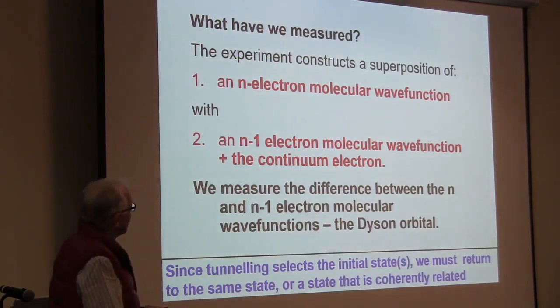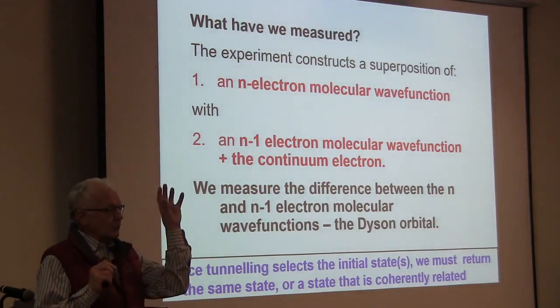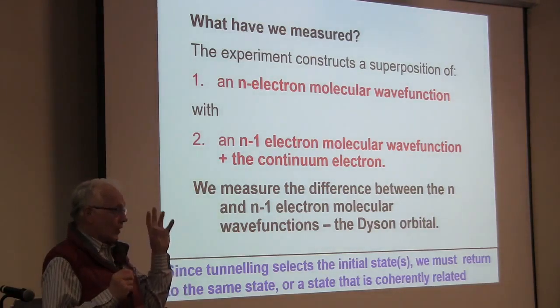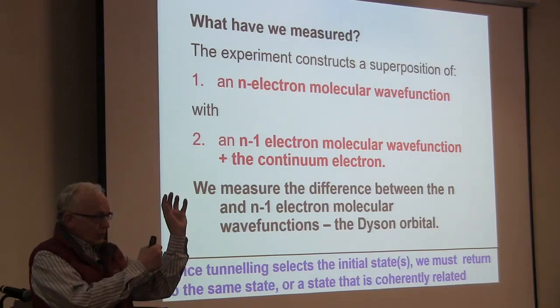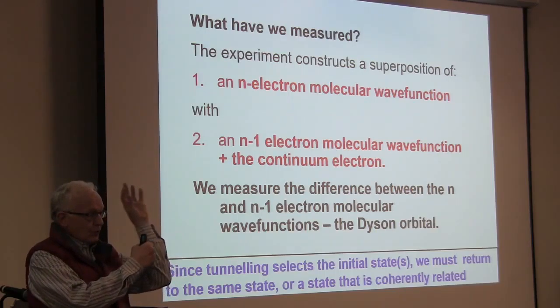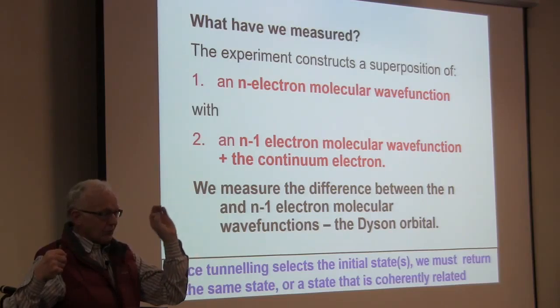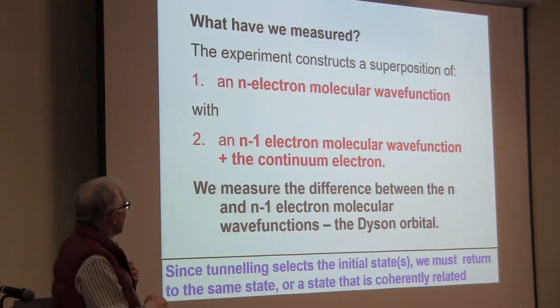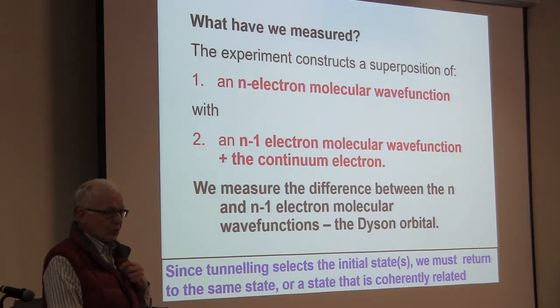The experiment makes, of course, I've said all the time, a superposition. It takes a wave packet and splits it in two, keeping a wave function and a wave packet in a continuum. Let me say it differently. We have the molecule intact. The n-electron wave function is one of the superposition.